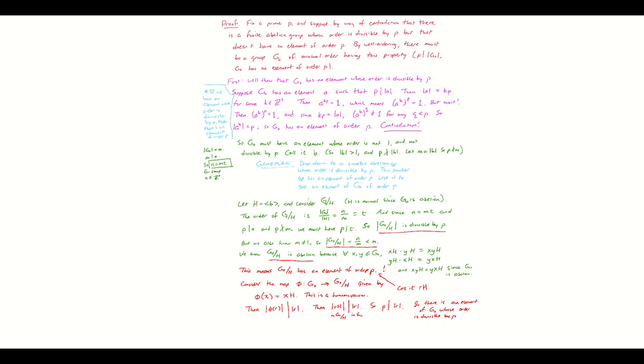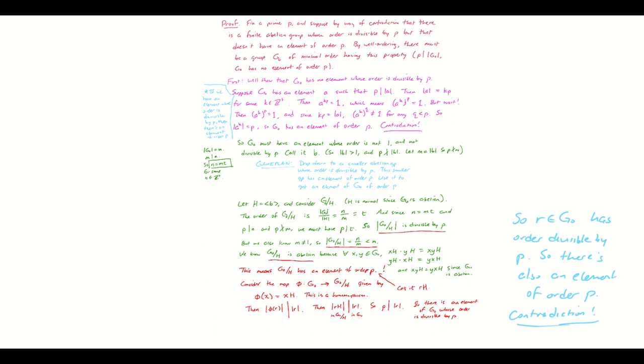This R in G0 has order divisible by P, which means there's also an element of order P, and that is the contradiction, because we said G0 didn't have such a thing.